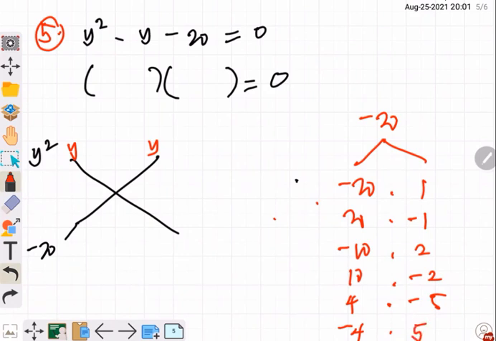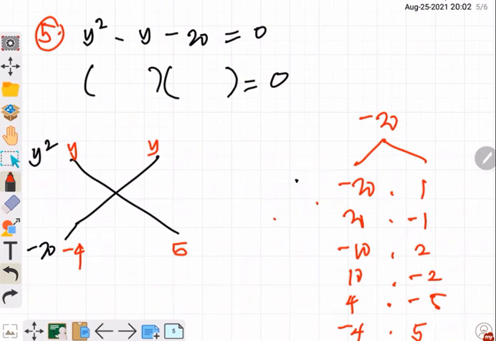Sometimes to choose from this list of factors, intuition and common sense help us. Let's try negative 4 and 5. So negative 4 here, then positive 5 here.